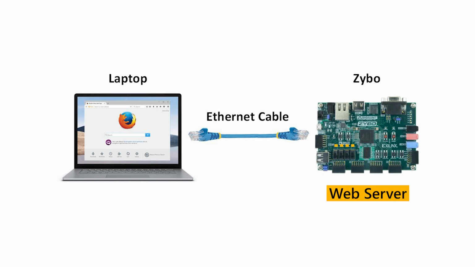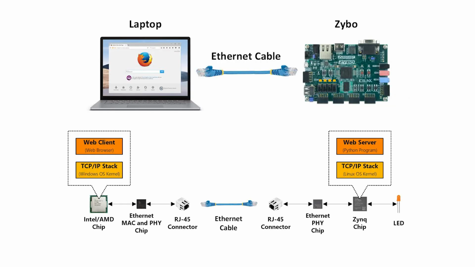A web browser usually runs on the client, which is a PC or laptop. The connection between the web server and the web browser uses HTTP over TCP. The TCP connection itself can be established with Ethernet. Here's how the web browser communicates with the web server.